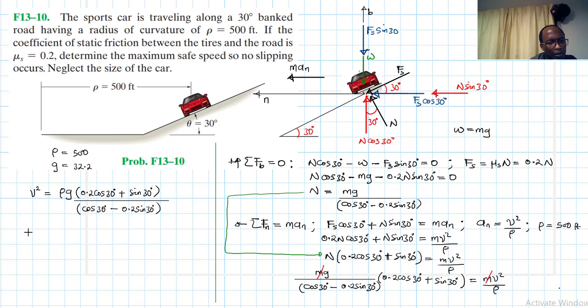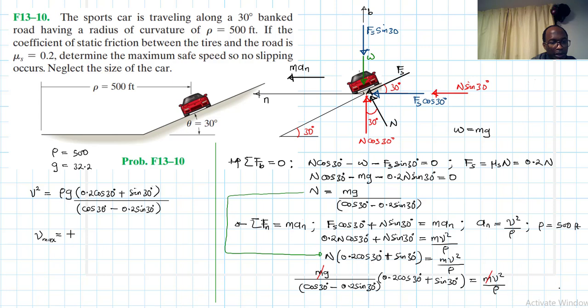Alright, taking the square root, we are going to have our v, which is v maximum, and this is equal to the square root of 0.2 cos 30 plus 0.5 divided by cos 30 minus 0.1, times 500 times 32.2.